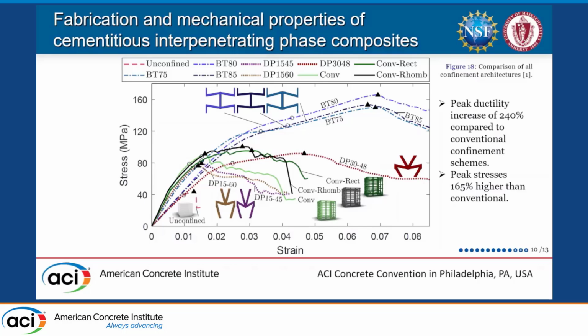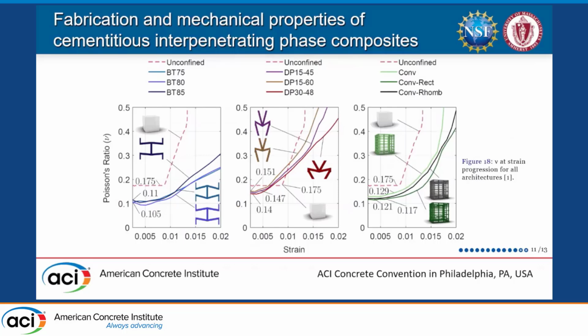So from this work, we have observed a peak ductility increase of 240% compared to the conventional, so going from the green line to the blue line, and an increase in the peak stresses of 65%.